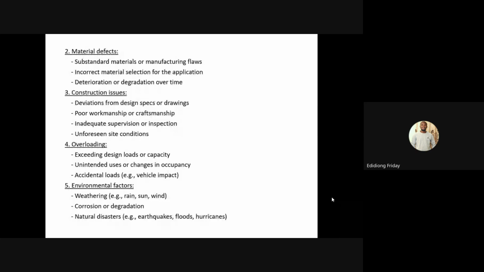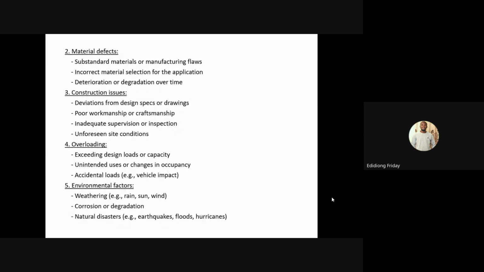You know, it's going to be eaten up by pests, it's going to decay due to moisture. Okay, so a proper and correct material selection is also important to avert failure. Next is deterioration or degradation over time. So materials degrade and deteriorate depending on their standard and their level of exposure to the weather and all of that.